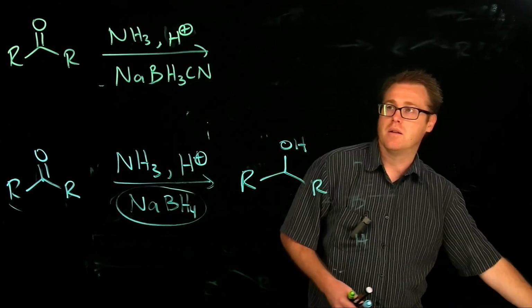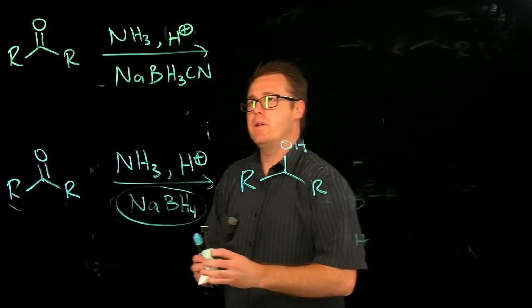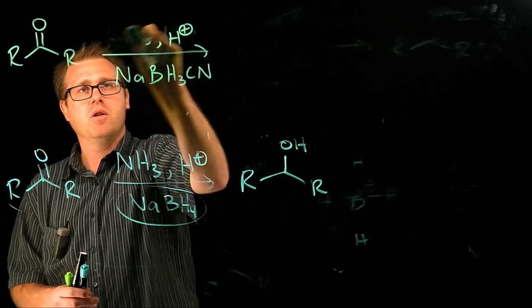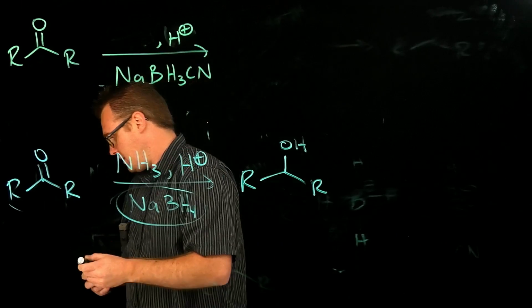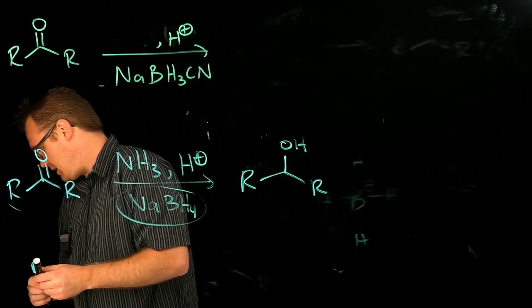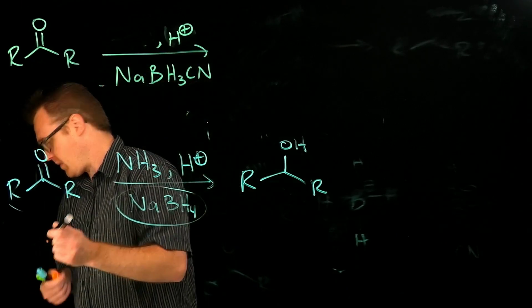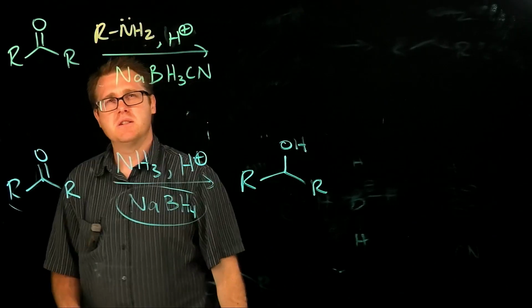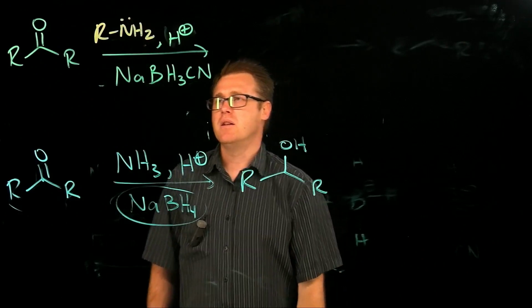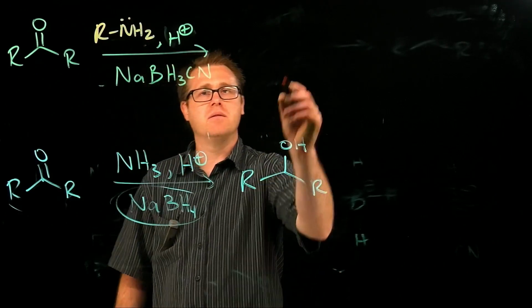Okay. Is what if we don't use ammonia? What if we use a different type of amine? So let's say we use NH2 like that. So a primary amine. What would our product be?